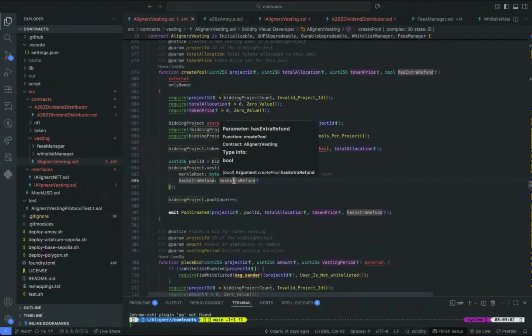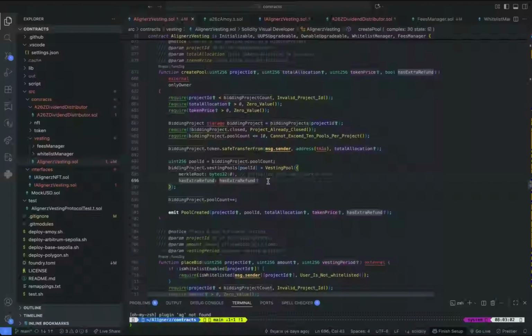And these pools can have extra refund. So let's say a project decides to have an extra refund for pool number 4 or for pool number 2. Then even when a user wins his bid and gets a TVS, he also gets refunded.